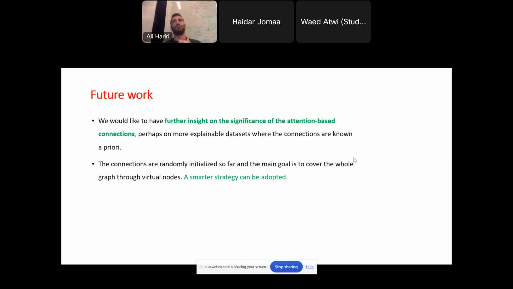And then it was an introduction to using virtual nodes more commonly for different applications. In a separate paper, we did diffusion on these virtual nodes instead of doing a diffusion process on the entire protein, which also saves a lot of cost. And that paper was in NeurIPS of this year.